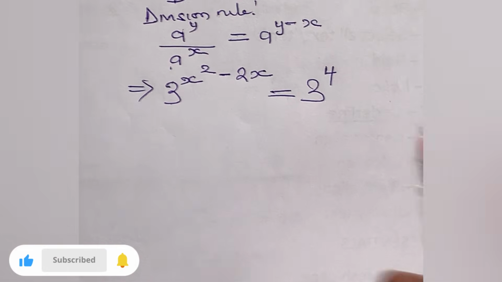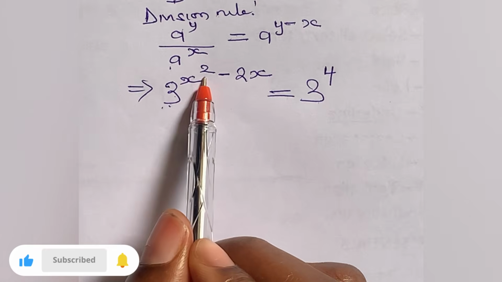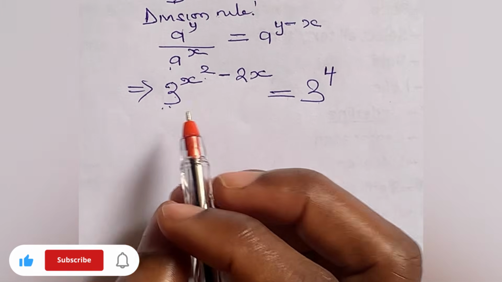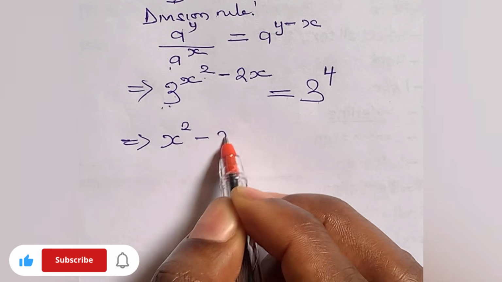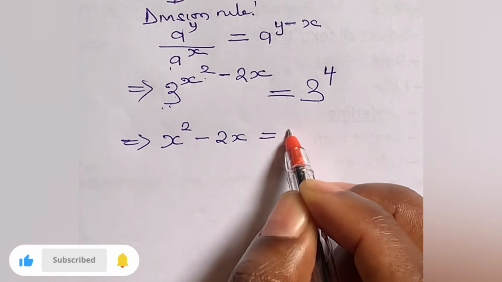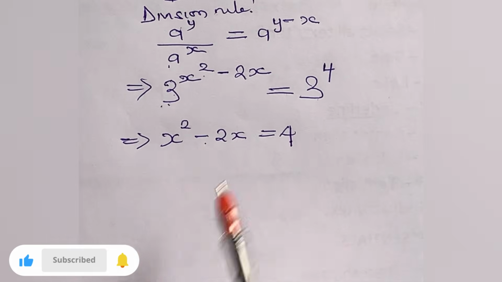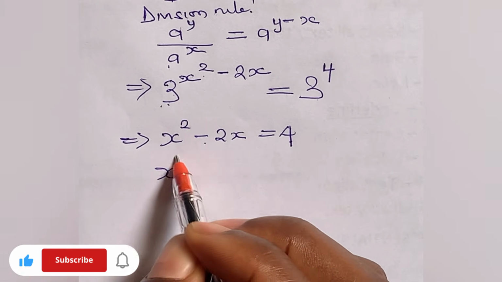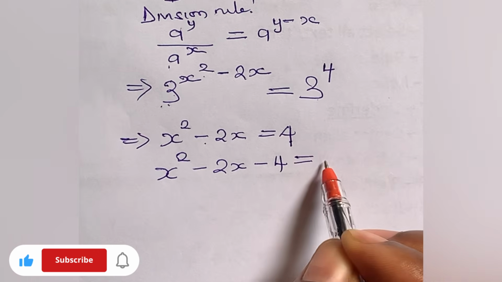Now again, when you have the same base in this format, the powers are equal. So here is x squared minus 2x is equal to 4. So let's bring this 4 to this other side. So it is x squared minus 2x minus 4 is equal to 0.